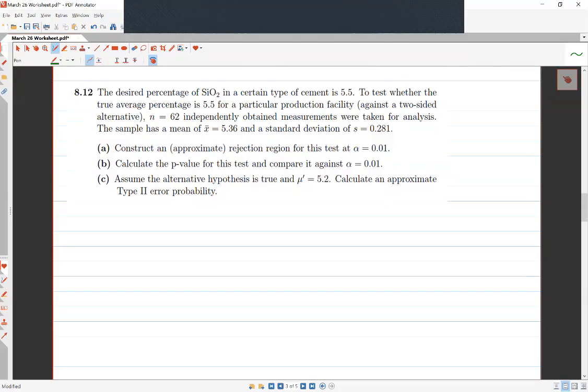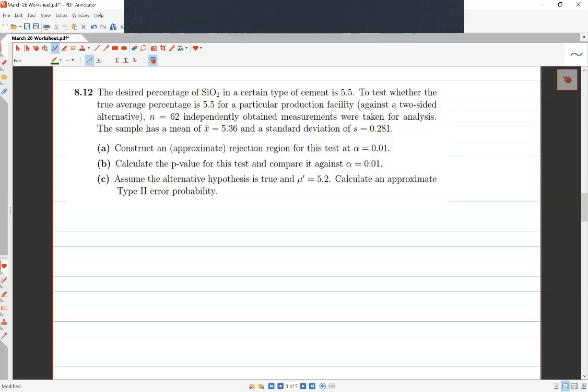Okay, now our next examples take us into the other 2 scenarios that were introduced in yesterday's recorded lecture. So at this point, we want to start paying attention to a few different pieces of information. Firstly, you want to see in the problem setup whether normal distribution is an assumption that's being made.